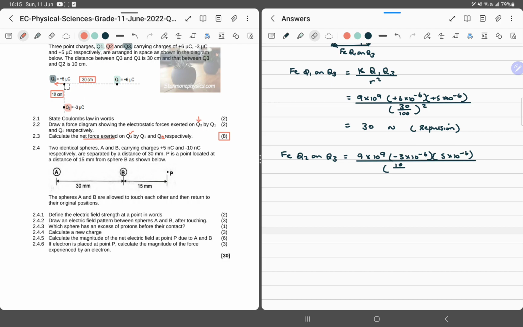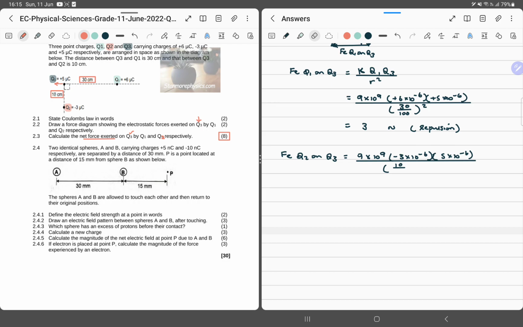So we've got 9 times 10 to the 9 into 6 times 10 to the minus 6 into 5 times 10 to the minus 6 over 30 divided by 100 squared. It's 3, okay. So this is just 3 newtons.